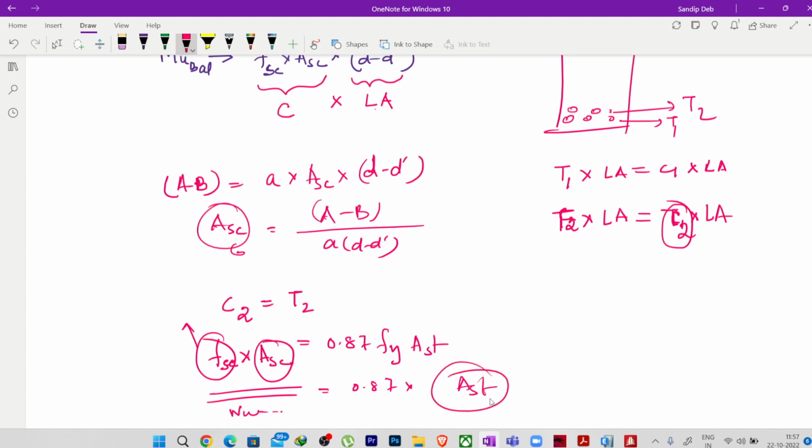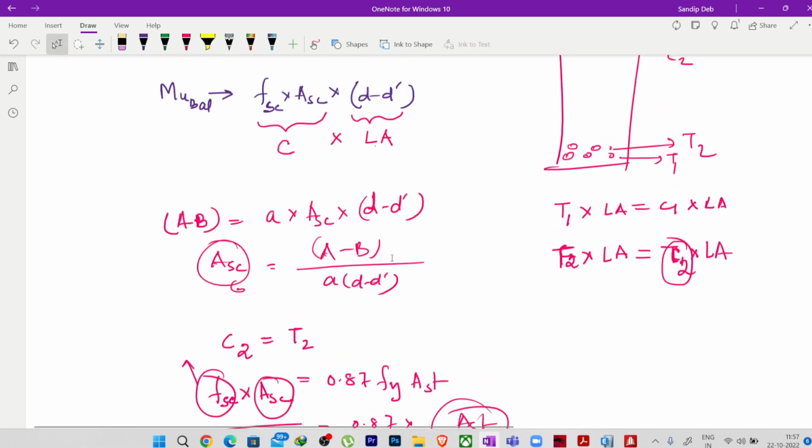So this AST is nothing but your AST2, which will be creating this T2.